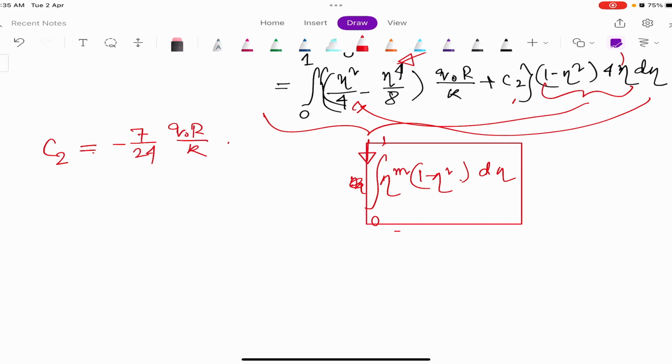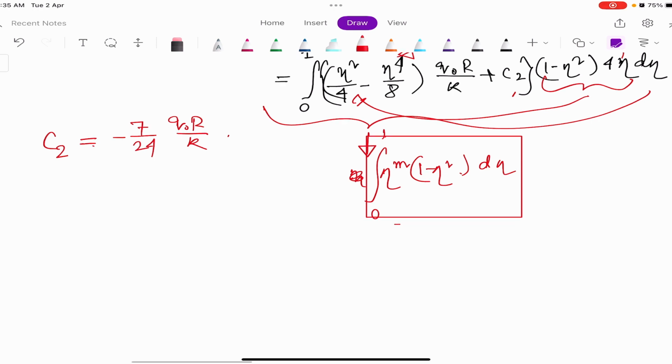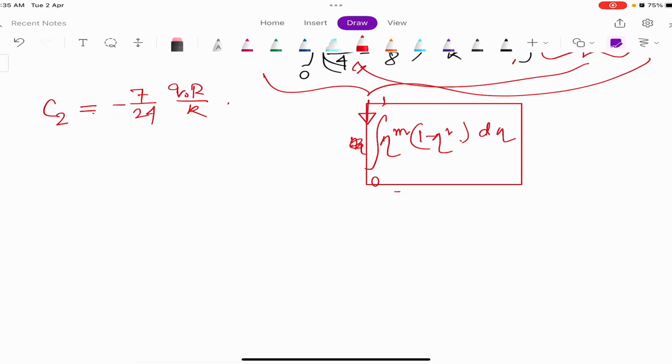Obviously I don't remember this, I have this written, I have done it before. So ultimately this phi becomes q naught r by k into eta square minus eta to the power 4 by 4, by 7 by 24.